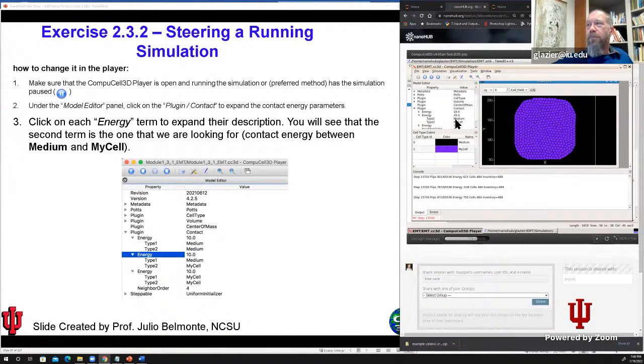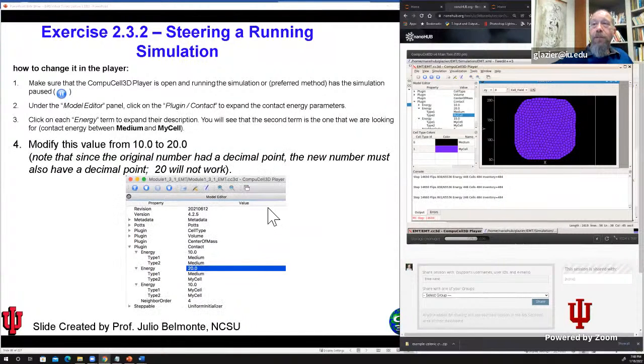So we're going to open up medium micelle, and we can open up micelle too. And we're going to change that medium micelle energy. And so why don't we put back that number we changed from 20 in the simulation specification, we'll change it back to 10.